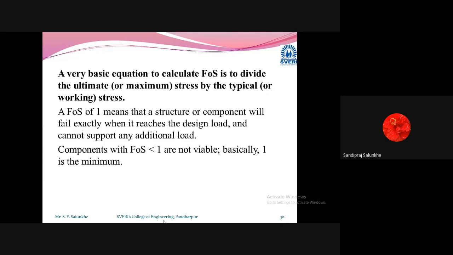And in ductile material also, we get a stress strain curve, and that stress strain curve differs in ductile and brittle materials. And we know the properties of ductile and brittle materials. So yield strength and ultimate strength, these are the two categories we get for the brittle material and for the ductile material.